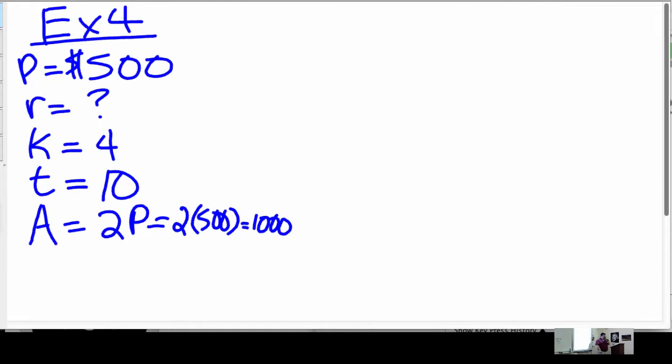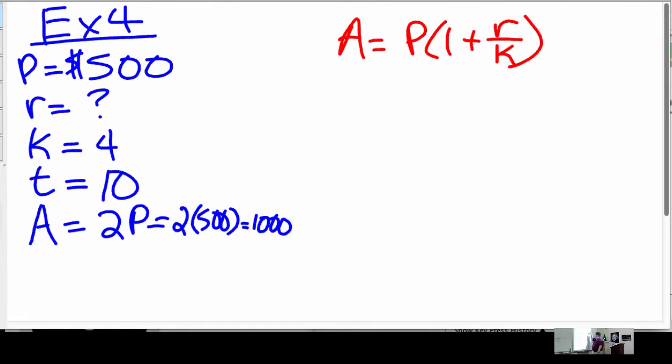I want to show you a little trick here. What formula do we use? A equals P times 1 plus R over K. What goes here? K times T, right? All right. Well, what you don't know, and you'll figure out by the time you finish your homework, is that the first step when we solve for something in the right-hand side of the equation is that you're always going to take A and divide it by P. And I happen to know for a fact, so let's fill this out.